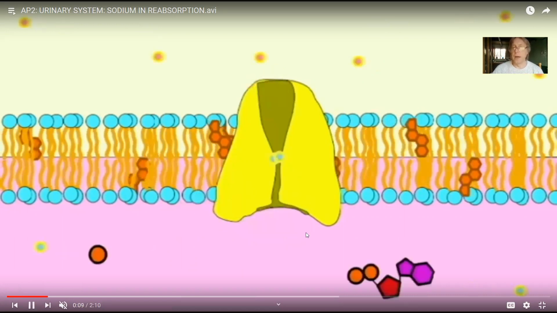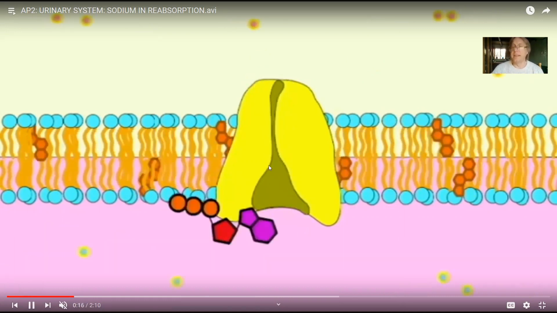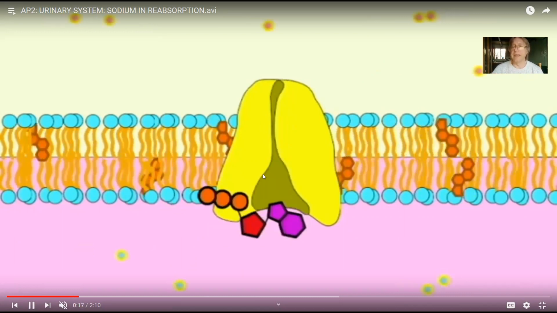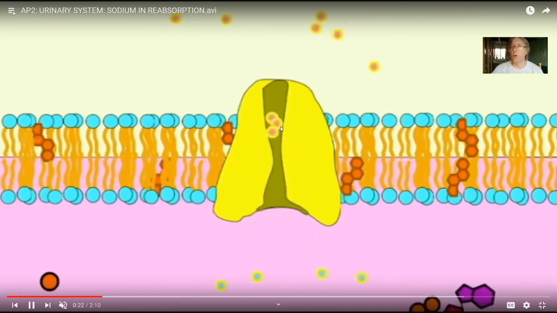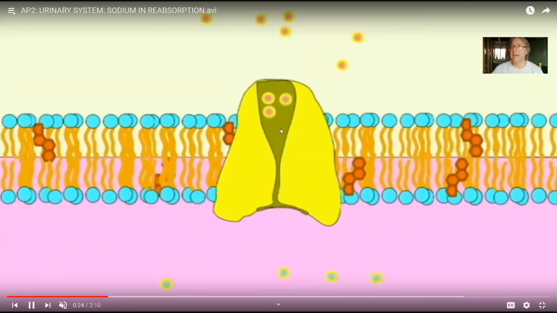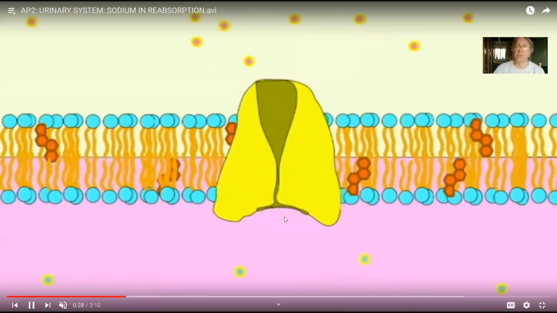It is true that these proteins are pretty much in all cells, but in kidneys, they're special, because in the renal tubule, these pumps only exist on the side of the cell facing away from the kidney tubule's lumen and towards the blood vessel.